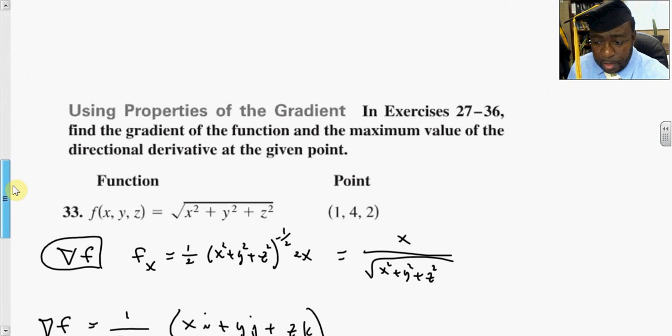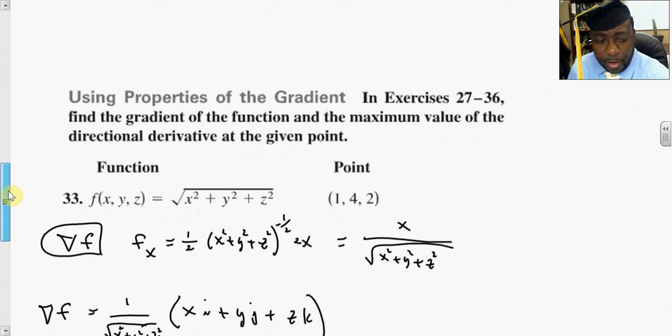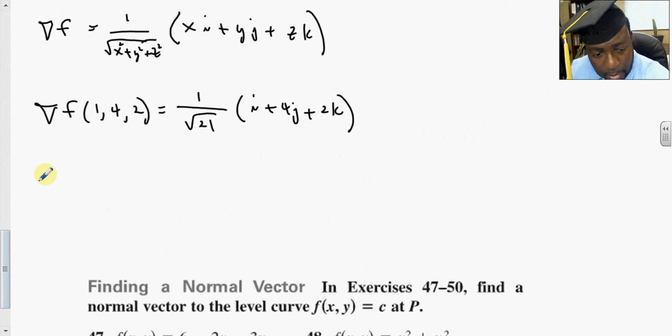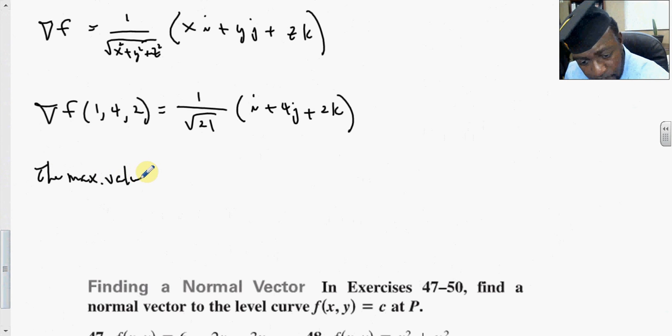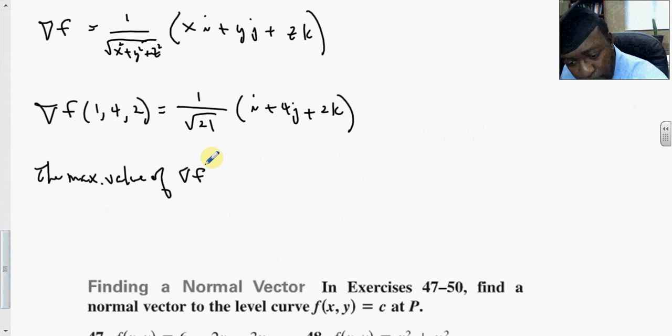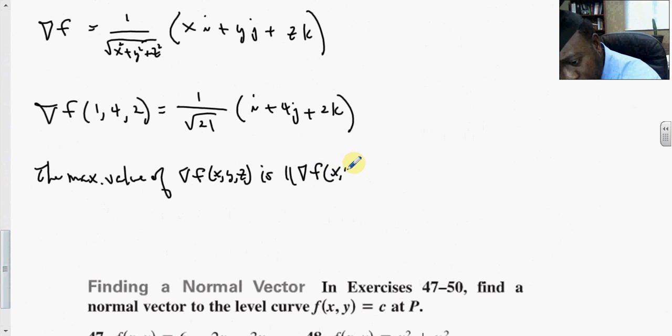Now it says find the maximum value of the directional derivative. So the maximum value of this directional derivative is the norm of the gradient.